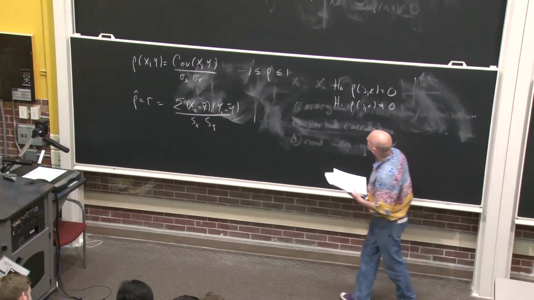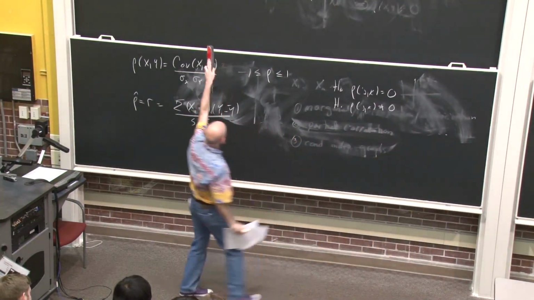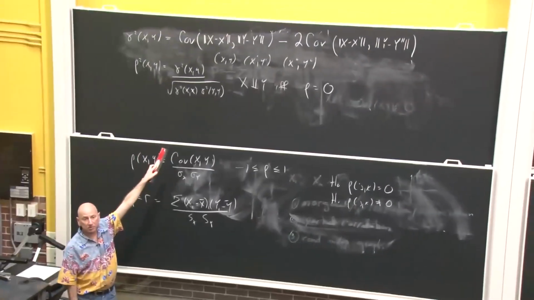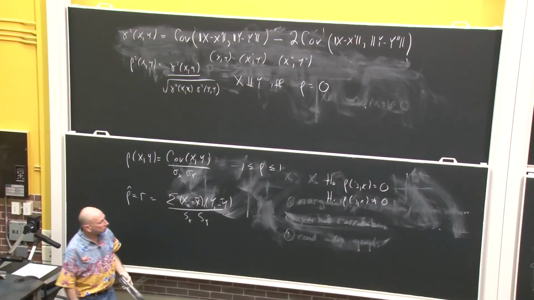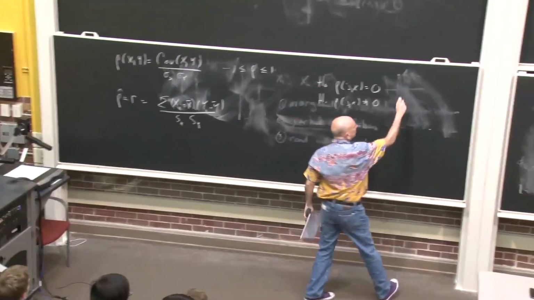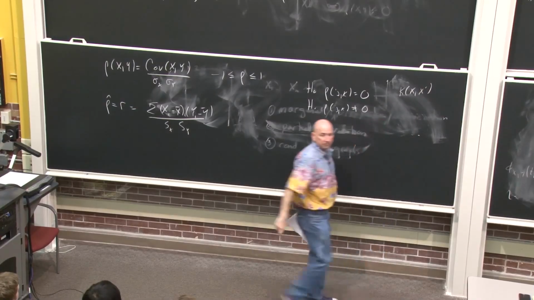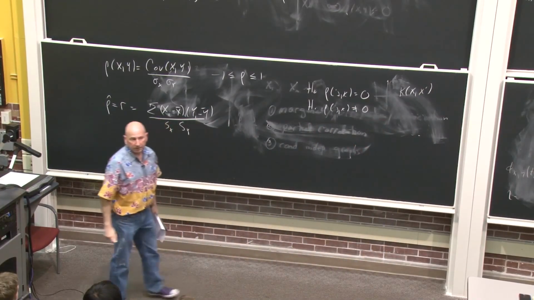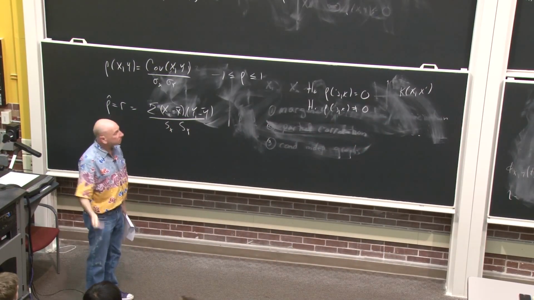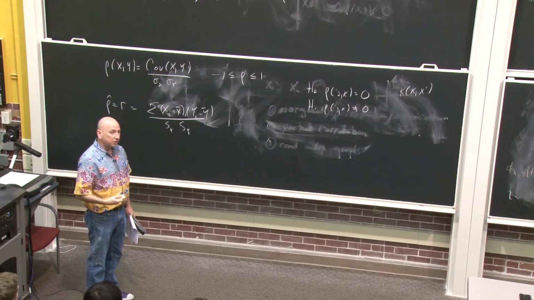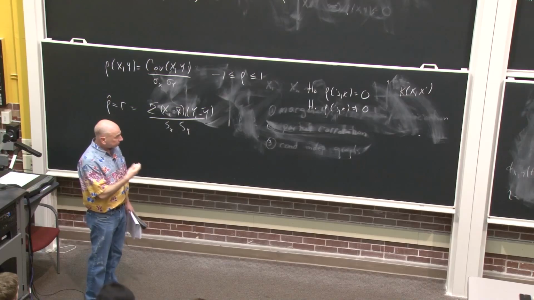Oh, and by the way, let me make a side remark. Look at I have the norm of x minus x prime and the norm of y minus y prime. You could imagine replacing that with a more general kernel instead of a norm. And you can do that. And there's a whole literature, especially in machine learning, about measuring independence, doing that.